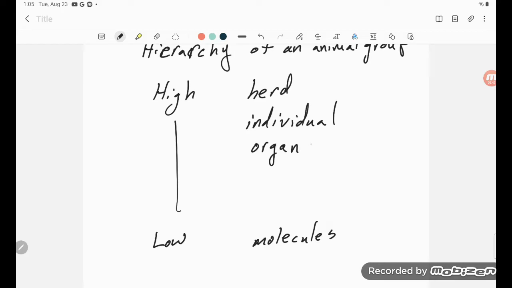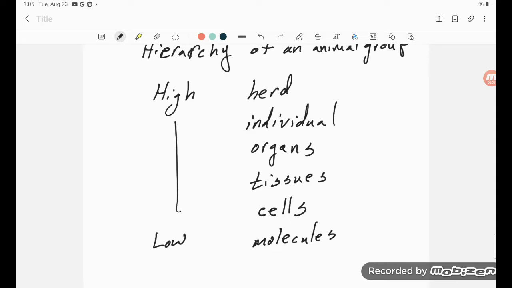So we'll just say, organs. And then those organs are made up of tissues or cells. So you could even go tissues, then cells, and then down to molecules. You could probably even fill in more here. But that's the idea, right?